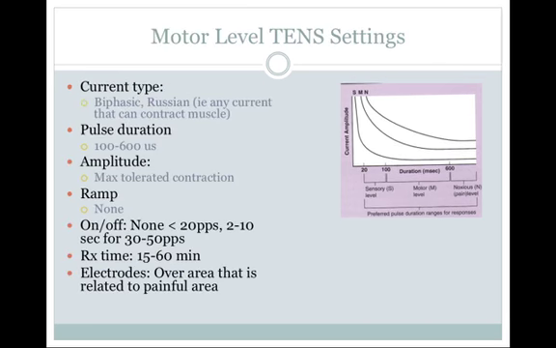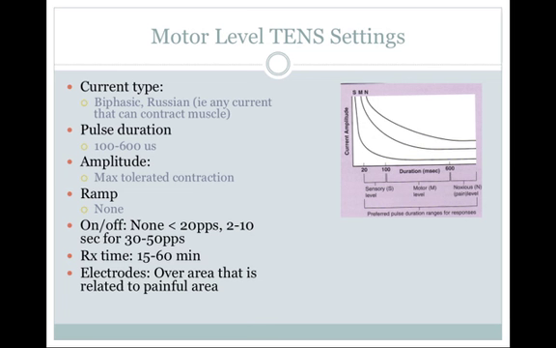Okay, so as you can imagine, if we're going to set up for a muscle contraction, we're going to want to be in that 100 to 600 pulse duration range again. We're going to set this up until we get a very firm contraction, or as I put here, max tolerated contraction. We're not putting any ramp on this.